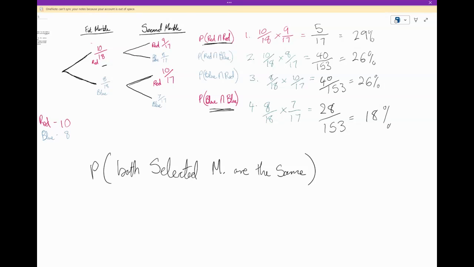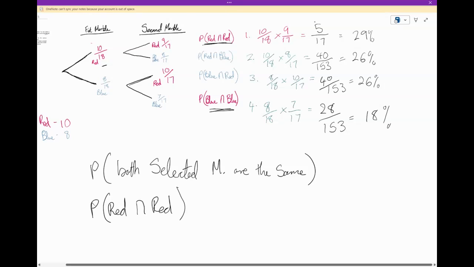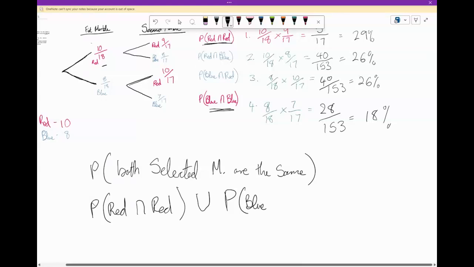Even here, we can go as far as saying, we're basically saying the probability of red and red, plus the probability of, or the union, you could also go with the union if you want, of the probability of blue and blue.